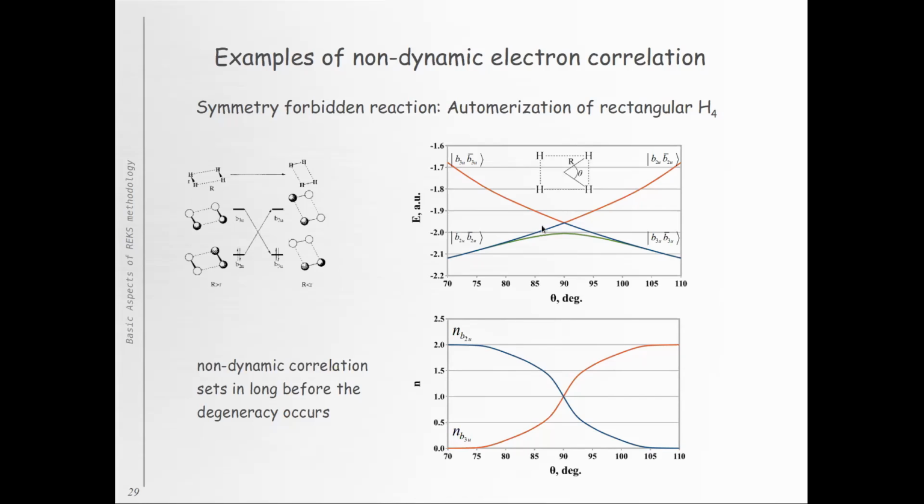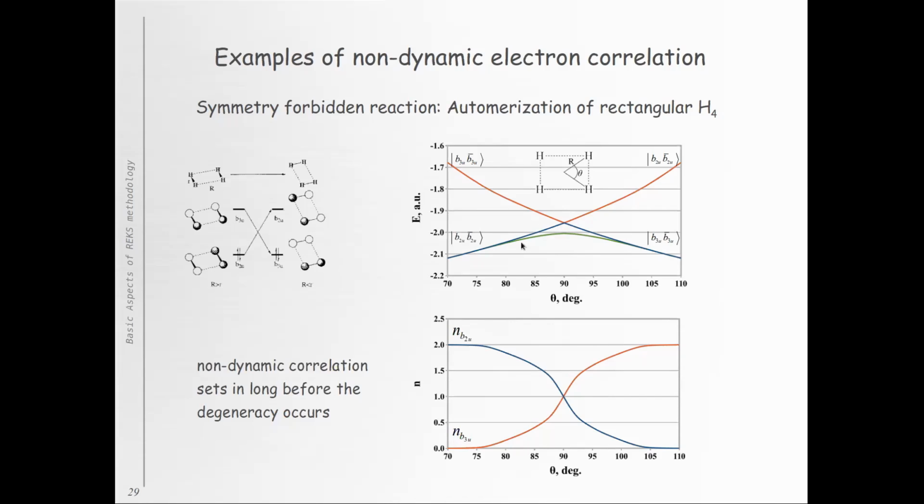At the square configuration, angle theta 90 degrees, both electronic configurations, with doubly occupied, in this case, B2U orbital or then empty B3U orbital, are combinations of bonding and anti-bonding orbitals of the two H2 units. The two configurations become degenerate, doubly occupied this or doubly occupied that. They become degenerate, and therefore single reference description breaks down.